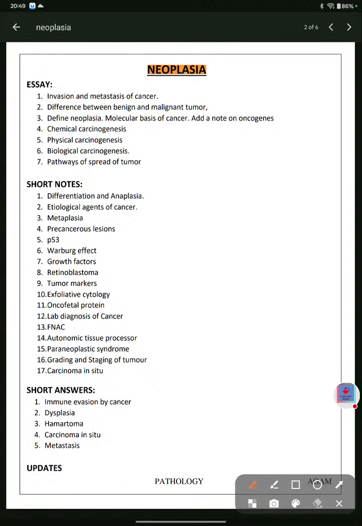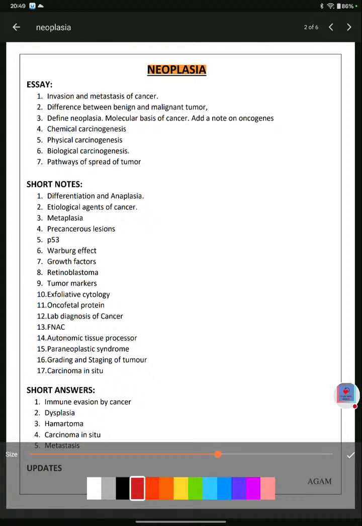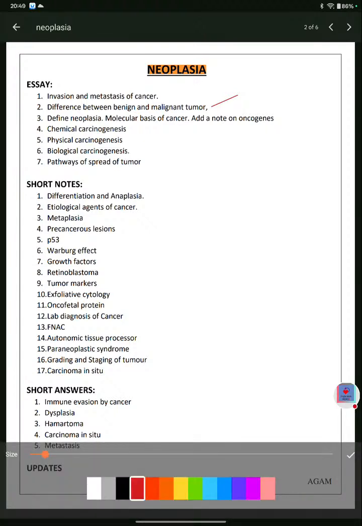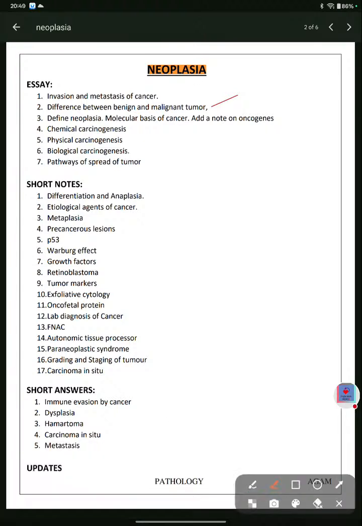In neoplasia we will be talking about definition, difference between benign and malignant tumor. Okay, this one, this one, and this one. And definition of benign and malignant tumors, modes of spread of malignant tumor with examples.